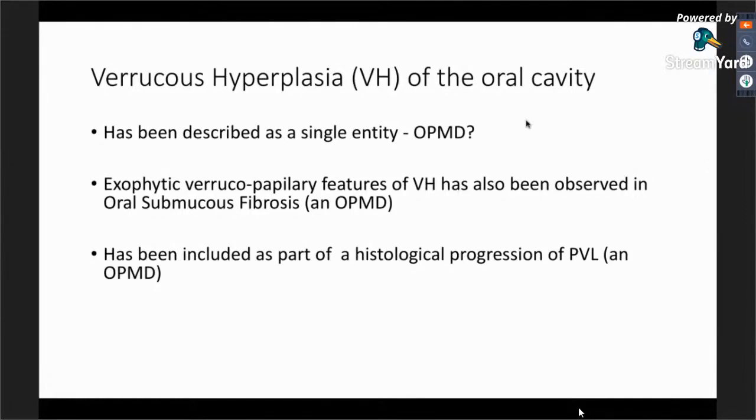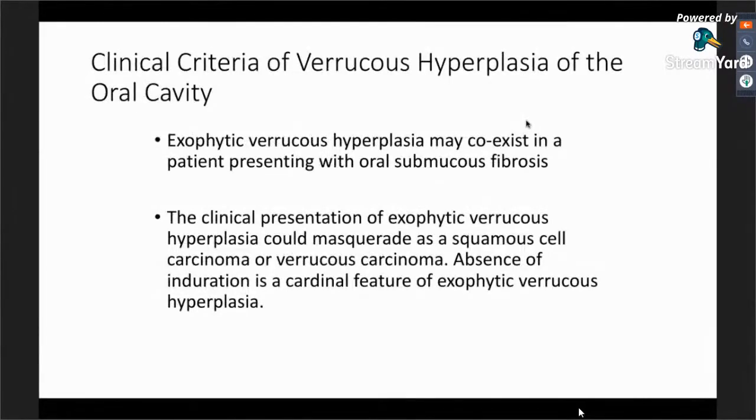So clinical criteria of hyperplasia of the oral cavity, as I showed you just now, one of it is oral submucous fibrosis. But in 2013, when we first discussed this, we already knew that it may coexist in a patient presenting with oral submucous fibrosis. And by now, there are quite a number of articles.